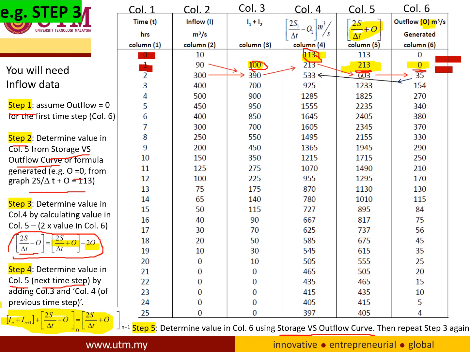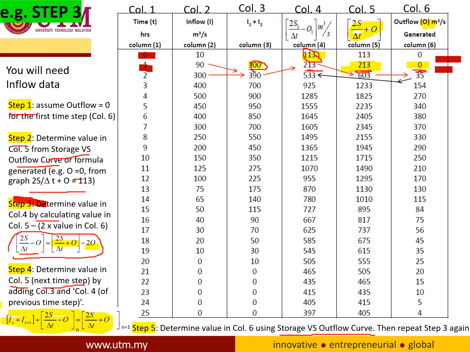So what you do next is you repeat step 3. Here is step 3 again. So you repeat step 3 to calculate column 4. How do you do it? By calculating the value in column 5, remember, minus 2 multiplied by column 6.